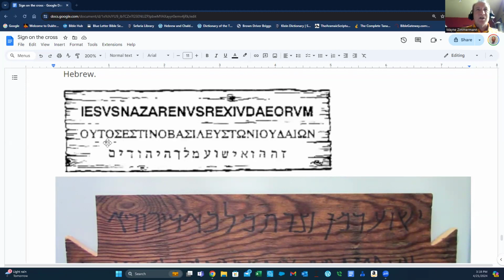The second line you'll see here is Greek. Greek also reads from left to right, just like English and Latin do. And so we'll see those letters. But again, notice there are no gaps in between, because early writing did not have any spaces in between.